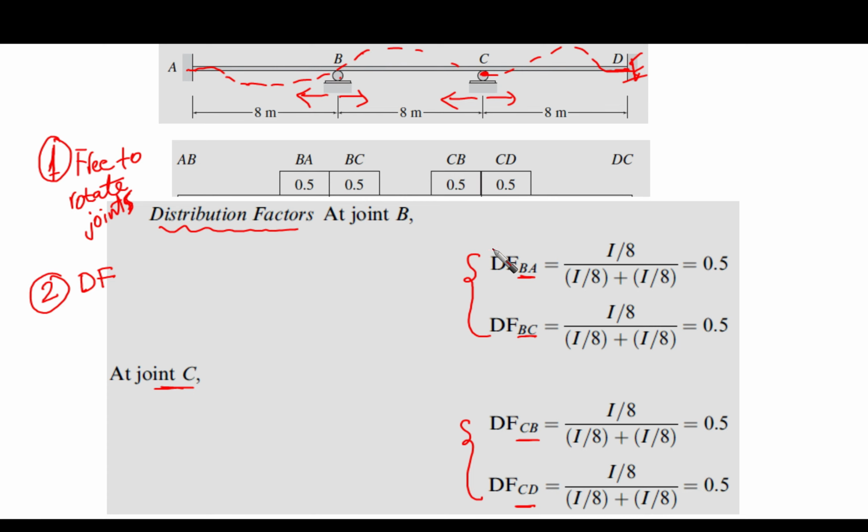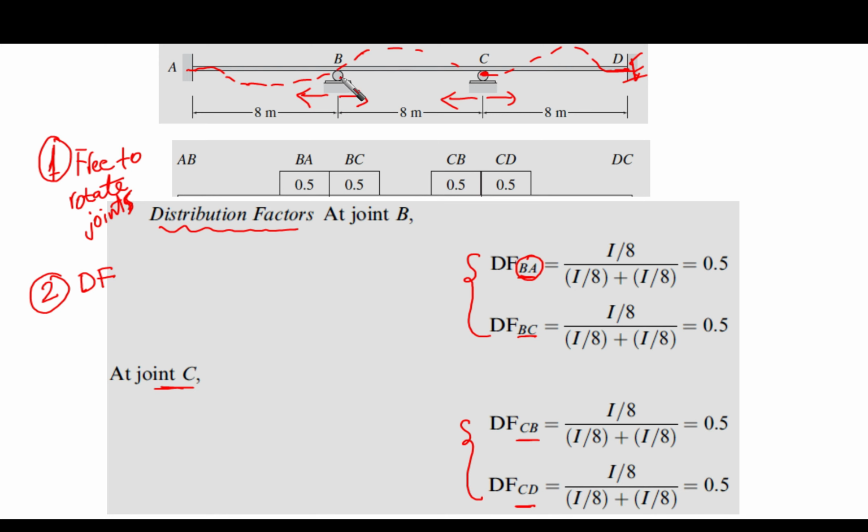After that, we are going to determine the distribution factor. As we know from the previous videos, it is the relation between the relative stiffness of the member under consideration, which is BA here, over the relative stiffnesses of the spans or the beams framing into the joint.